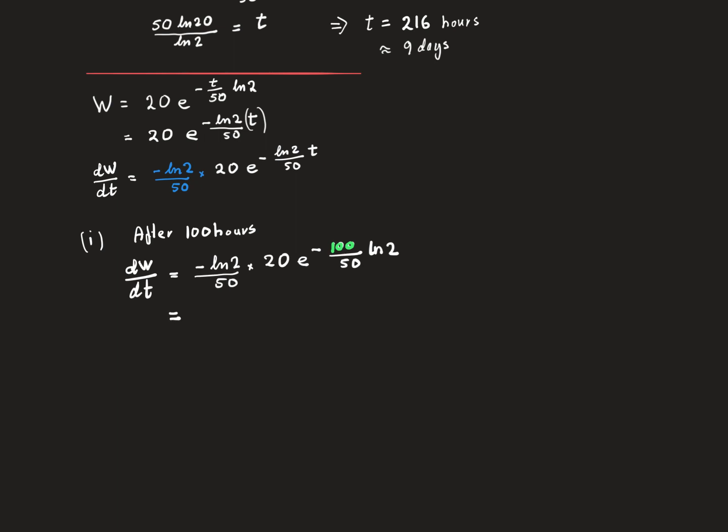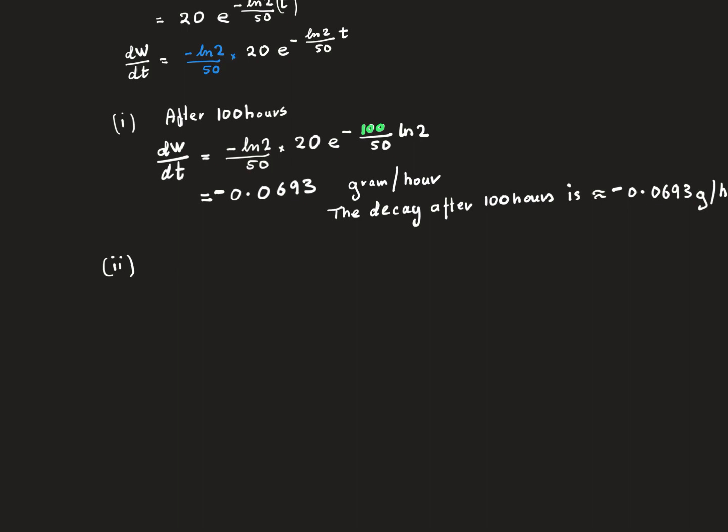Put this in and obtain a value of 0.0693, which, by the way, is negative. And because this is a rate, we will need to have grams per hour. And this means that the decay after 100 hours is 0.0693 grams per hour.